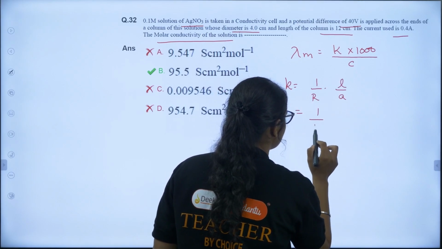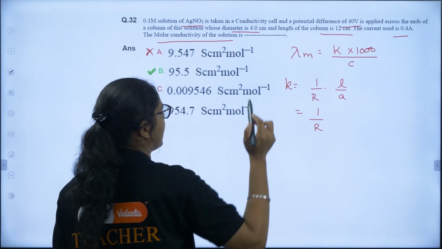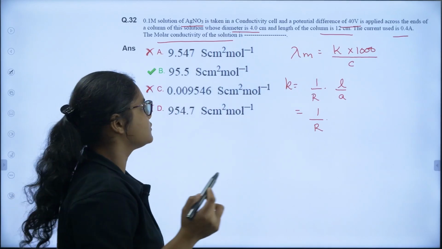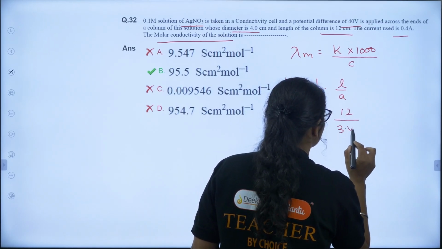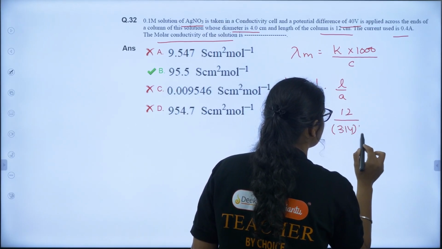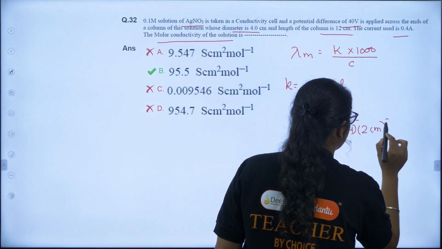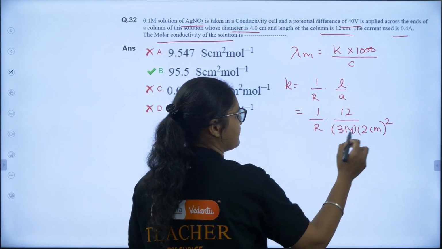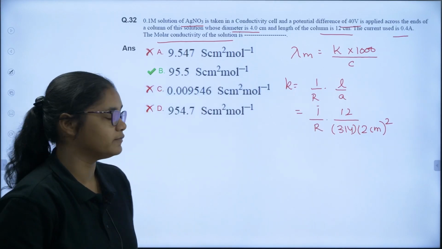Now, L value is given, that is 12 centimeter, and area is pi r square. So you can use that formula. I'll get 12 centimeter divided by pi r square, 3.14 into 2 centimeter squared, right? L by A, pi r square. Now here you see there is no value of resistance given. So how can we solve that?